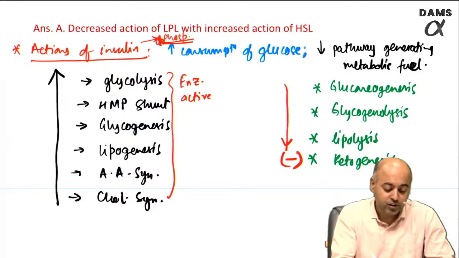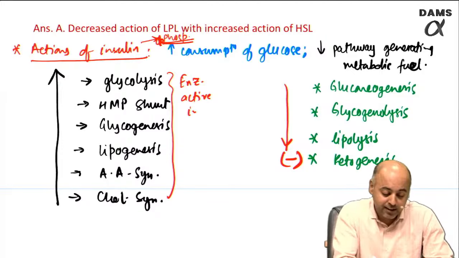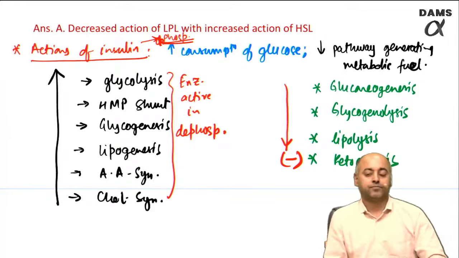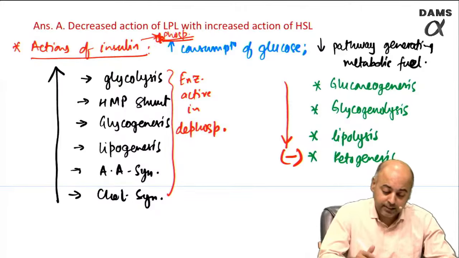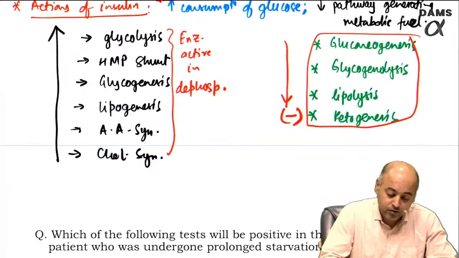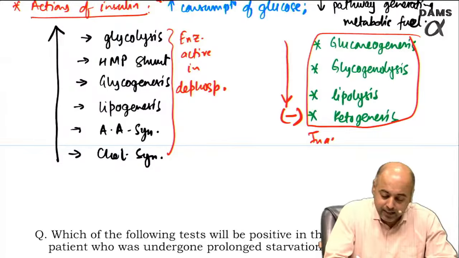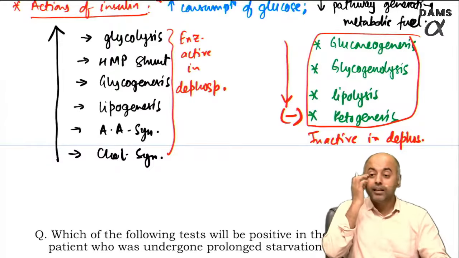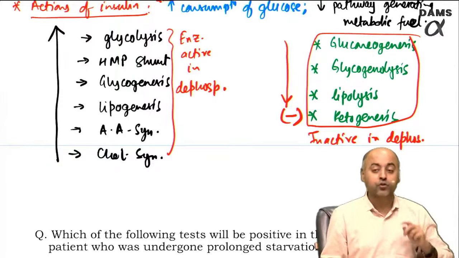Insulin causes dephosphorylation. So enzymes of these pathways are active in the dephosphorylated state, whereas enzymes from the other pathways will be inactive in the dephosphorylated state.